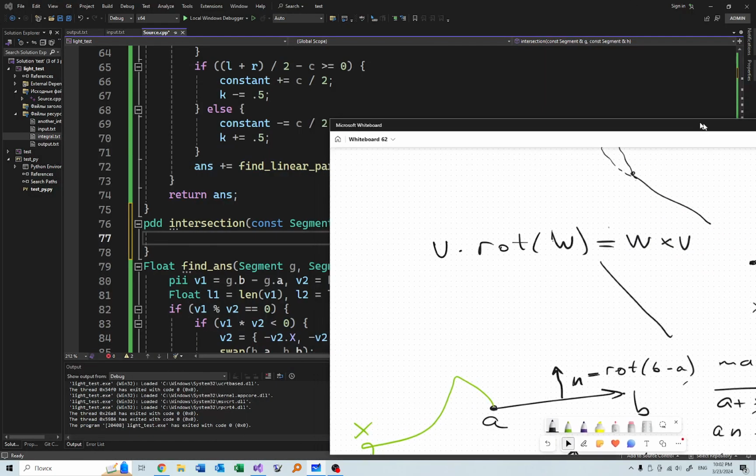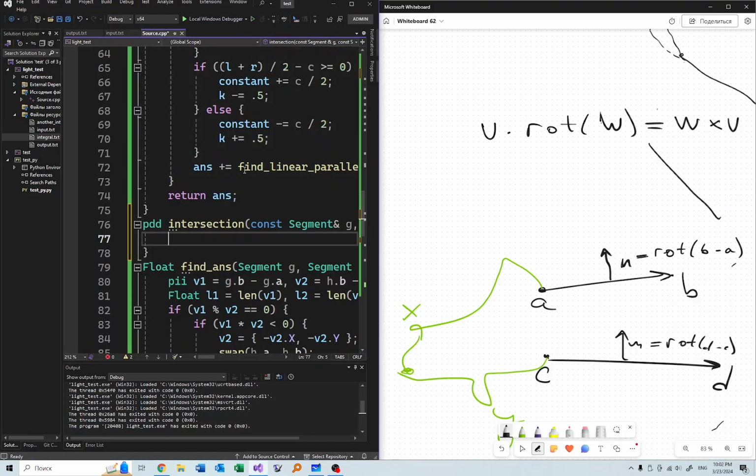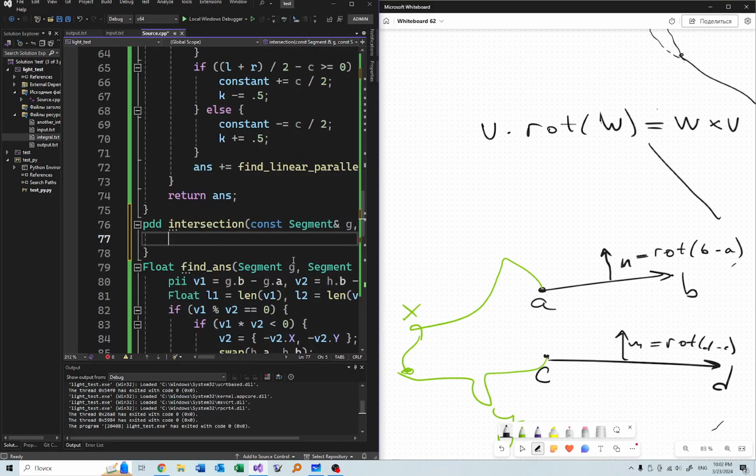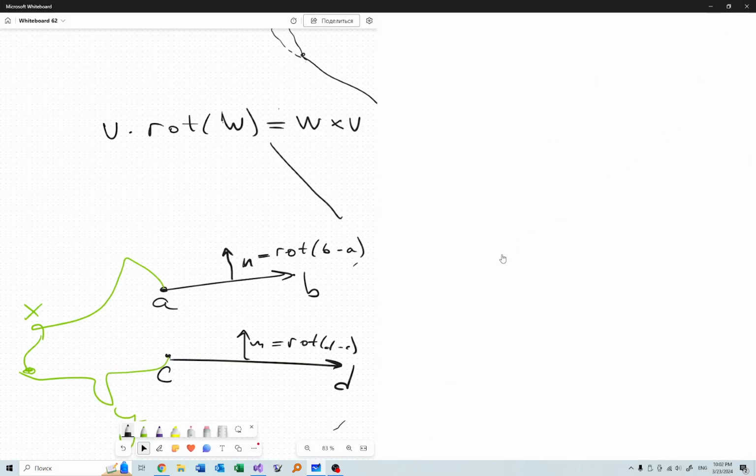Okay, after we've done it, let's write this formula. Yes, so we can return. This is not the end.